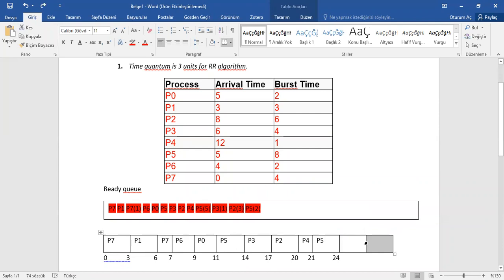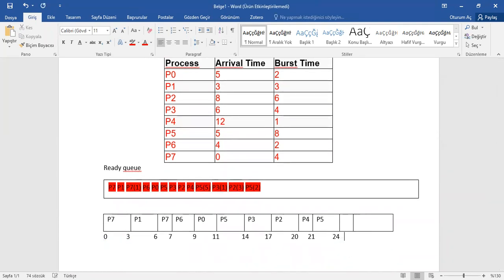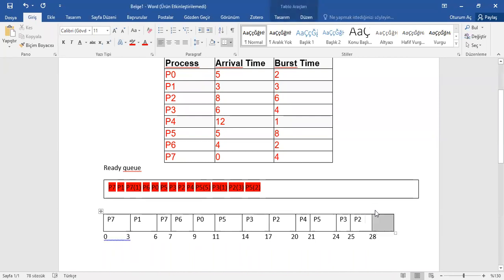P3 is 1 nanosecond. So 25. And P3. P2 is 3 nanoseconds. And one more. And P5 is 2 nanoseconds.